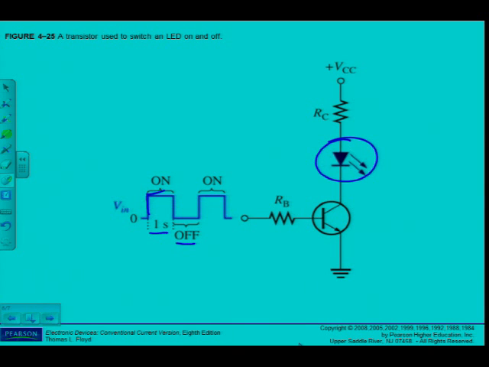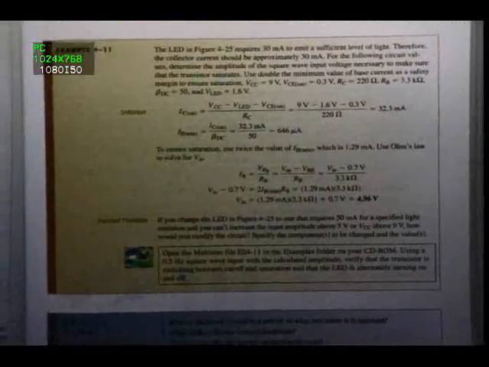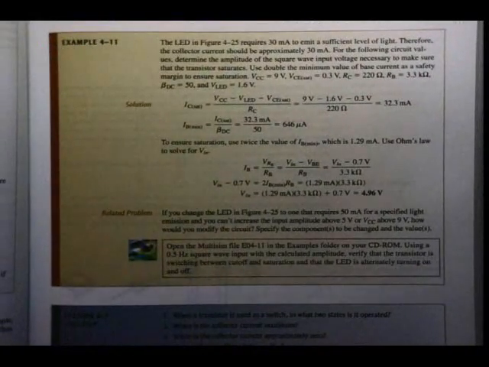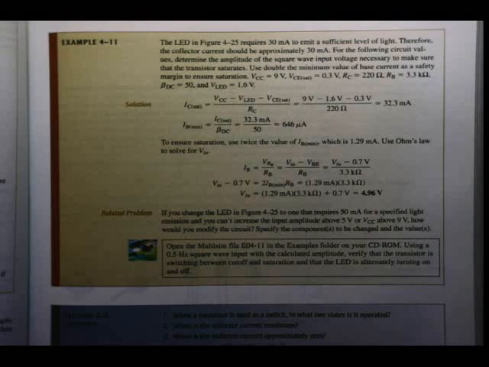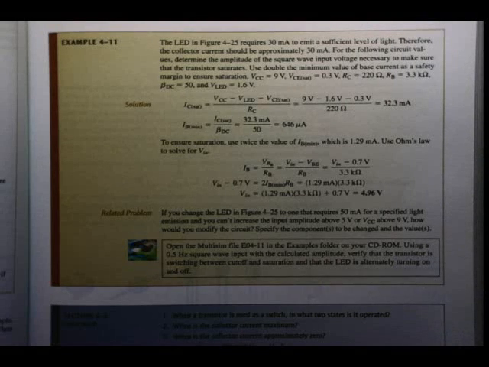There's also an example in the textbook that you can have a look at. The question asks: the LED in figure 4.25 requires 30 milliamps to emit a sufficient level of light. Therefore, the collector current should be approximately 30 milliamps. For the following circuit values, determine the amplitude of the square wave input voltage necessary to make sure the transistor saturates.